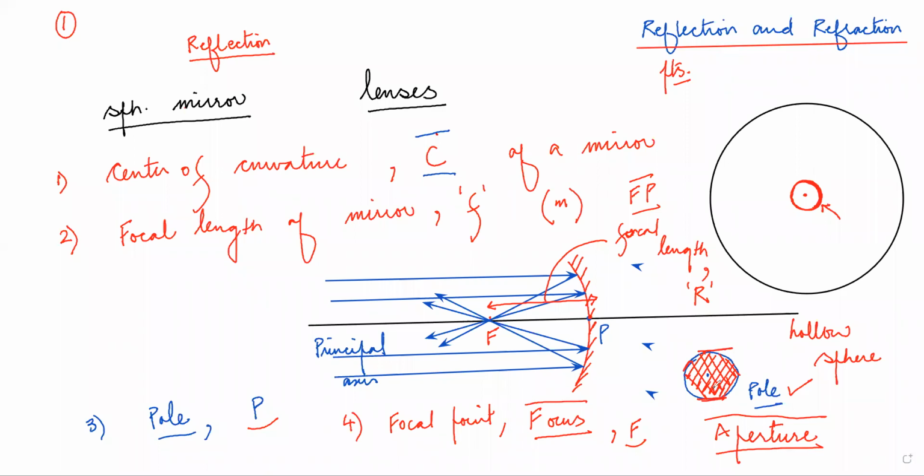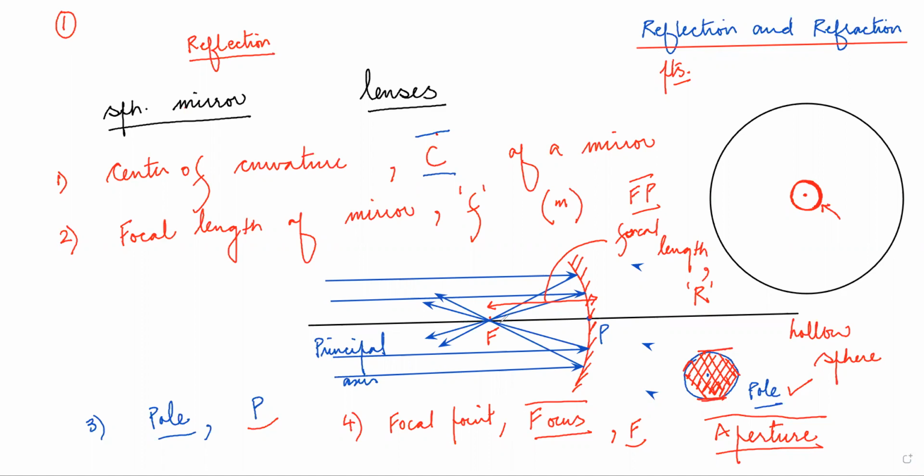All right, students. So focal point is F, aperture. For small aperture mirrors, remember, I'm going to state something, but before that, we are going to see where is the C.